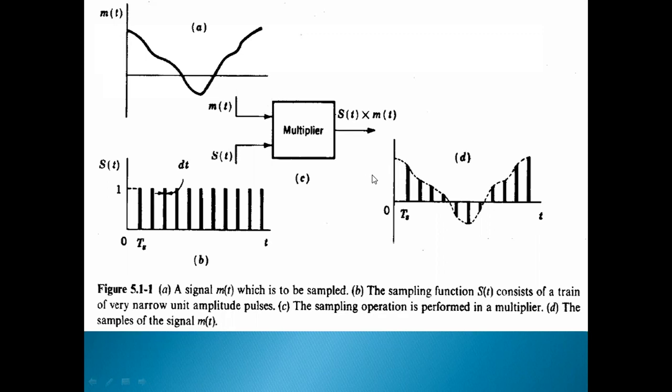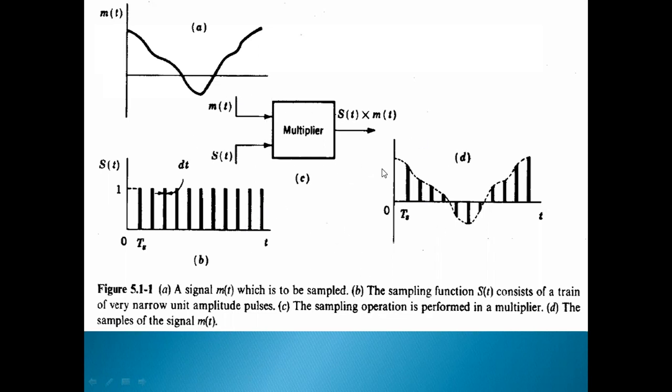Students, please observe this: 1, 2, 3, 4, 5, 6, 7, like the samples are present now. Each sample, the first sample, the second sample, has the magnitude of the m(t) signal. Likewise, these pulses' amplitude varies according to the modulating signal changes.